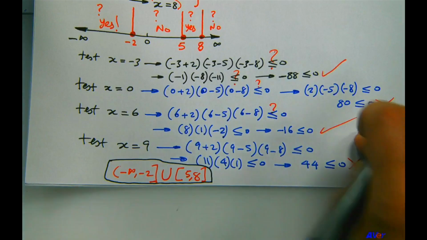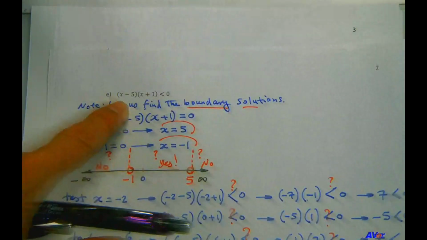Okay, I hope this is making sense. Okay, so now we get to a rational inequality. So with rational inequalities, again, just like the two examples you saw with the parentheses, with the factored terms, we're going to have to find the boundary solutions. But the question is, what are the boundary solutions in this case?